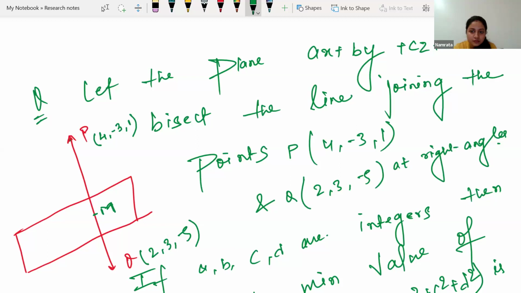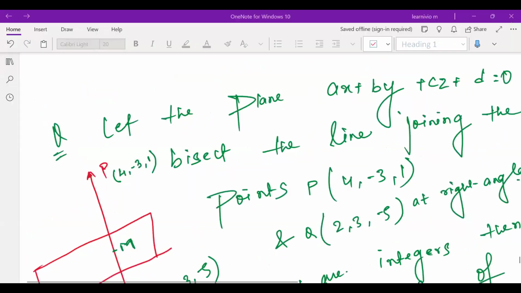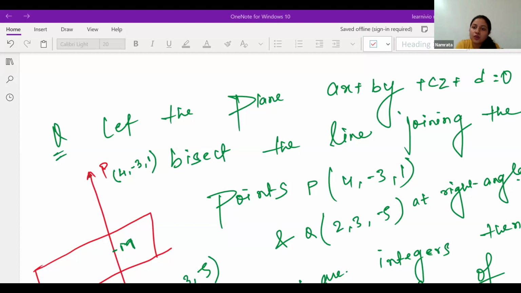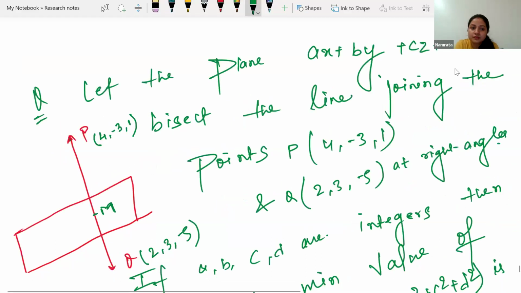Just a second. Find the midpoint and let me know what you got as the midpoint. Has anyone found the midpoint using the midpoint formula?